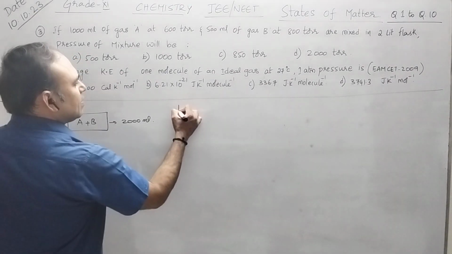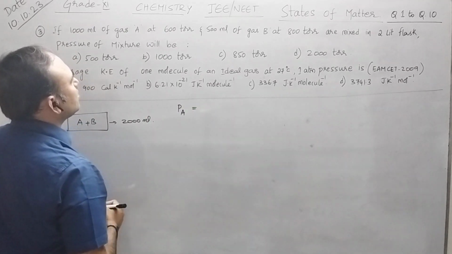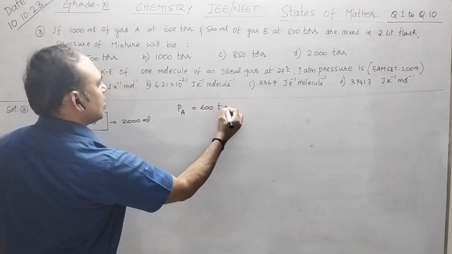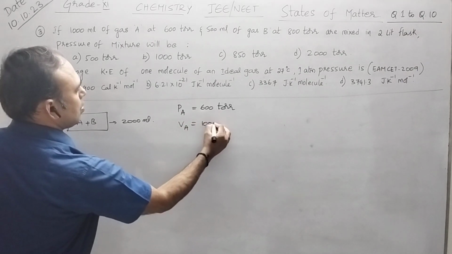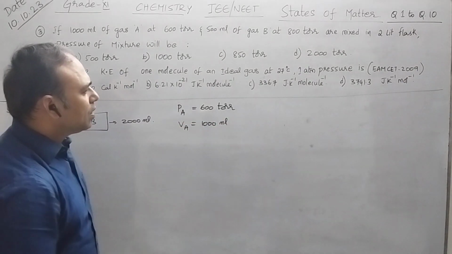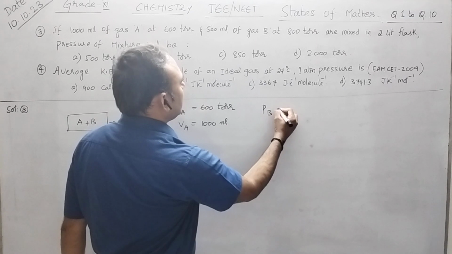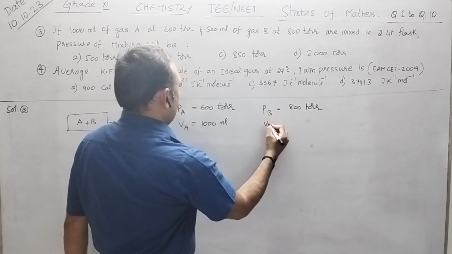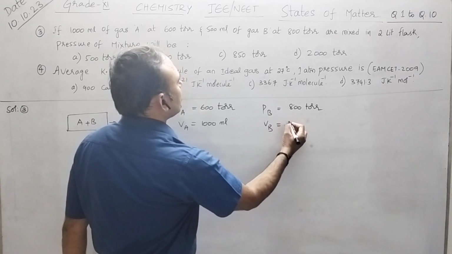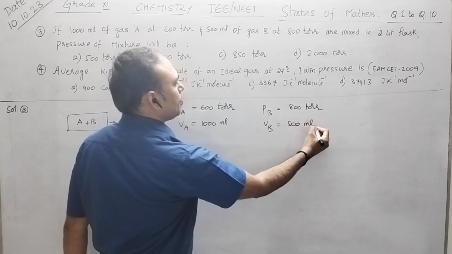So let us write the first one. Pressure of A is 600 torr and volume of A is 1000 ml. Now pressure of B is 800 torr and volume of B is 500 ml.